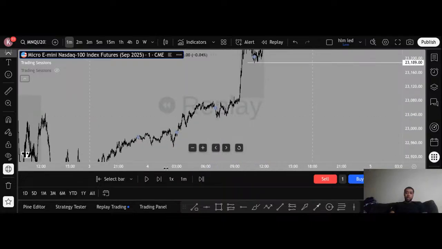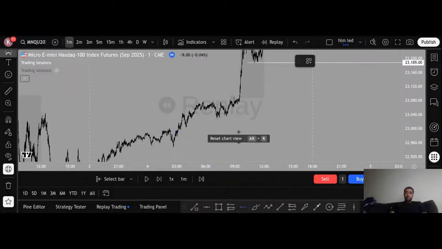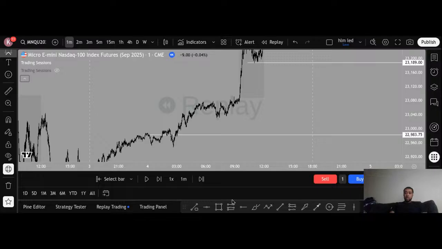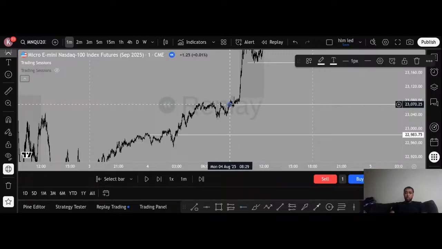Same thing Monday, look for midnight. So midnight open is way below us. So it's either gonna just trend away from it or it's gonna pull back to the midnight. Those are the two options. That's how you kind of know if it's gonna be a trending day. We got 8:30 open right here.